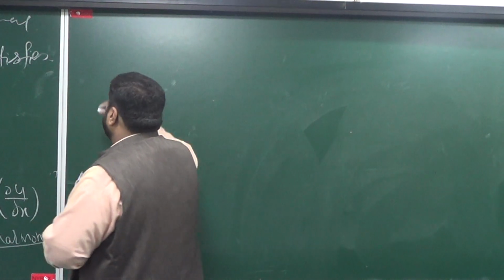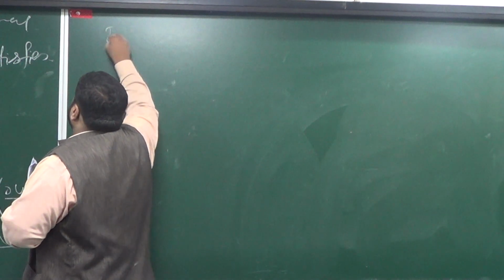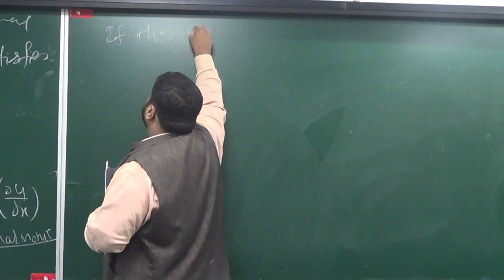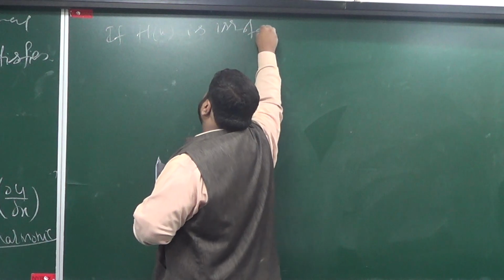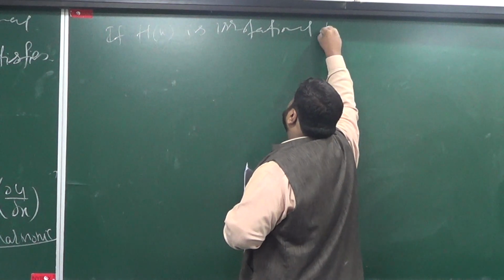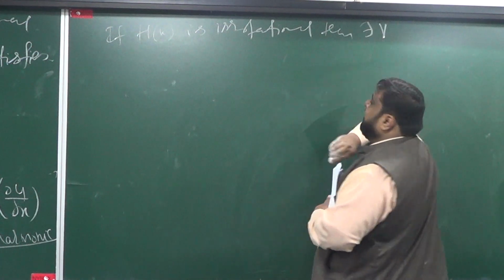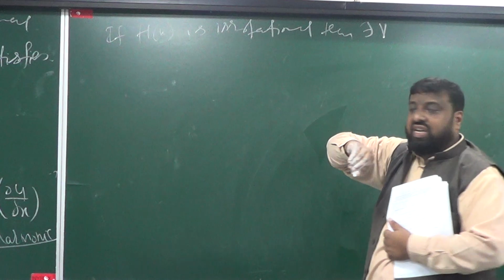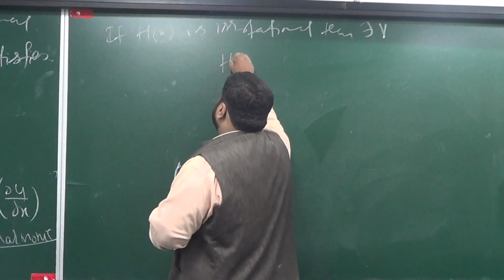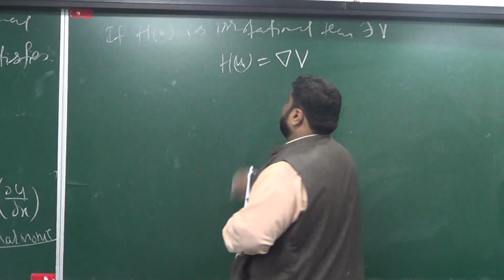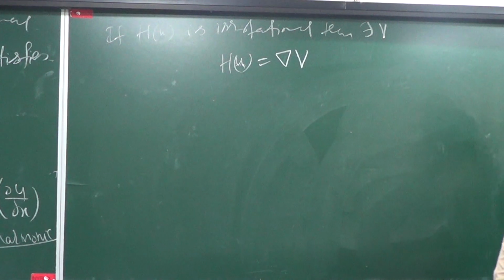It must be a gradient field. Now, if H of u is irrotational, then we can find a V, and that V is going to be what? H of u equal to the gradient of V. Okay, H of u must be equal to the gradient of V.